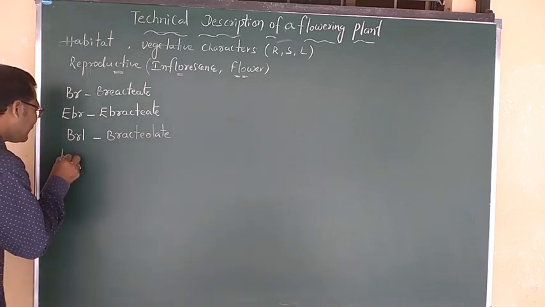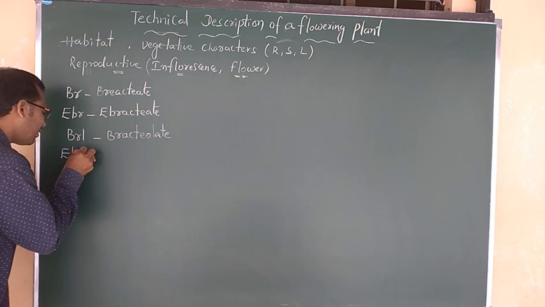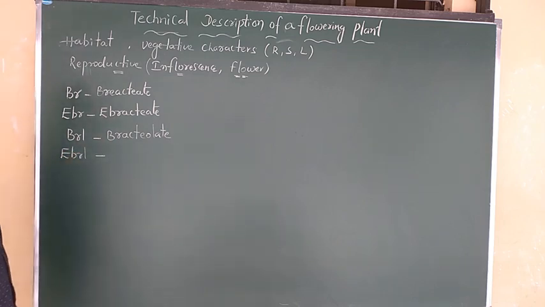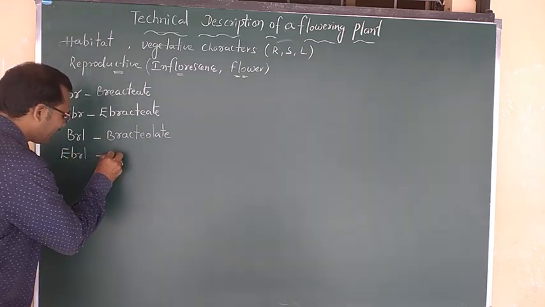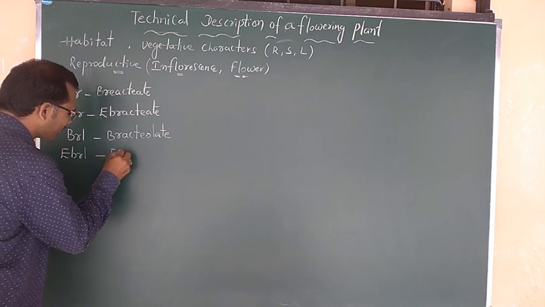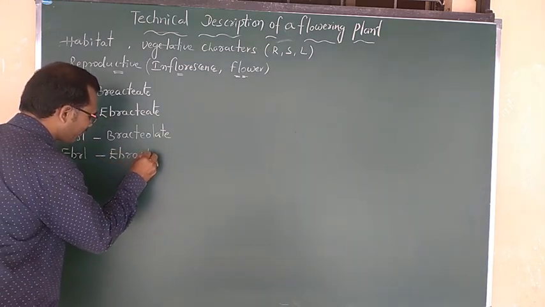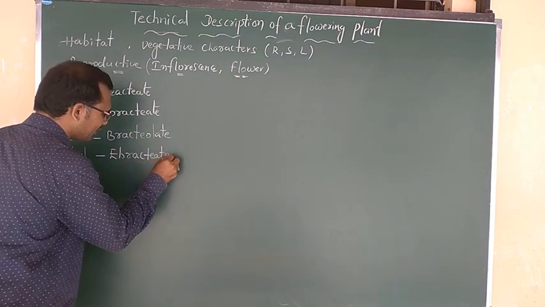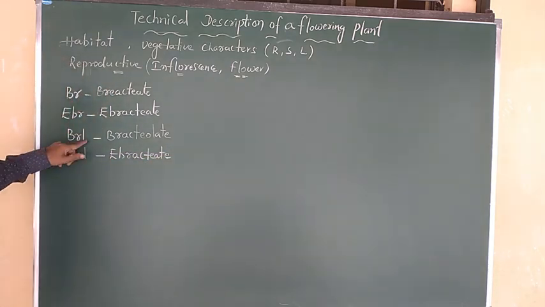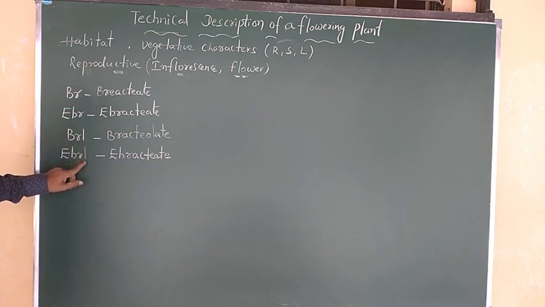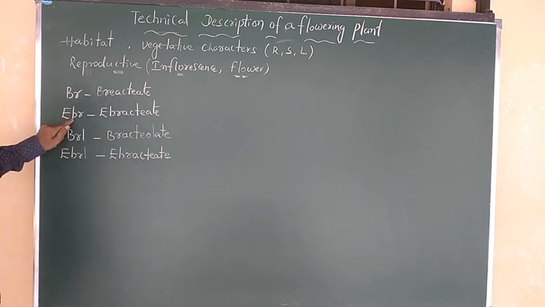Next, EBRL. What do you call this? Ebracteolate flower. BRL means bracteolate, EBRL means ebracteolate flower. There are two pairs: bracteate and ebracteate, or bracteolate and ebracteolate.